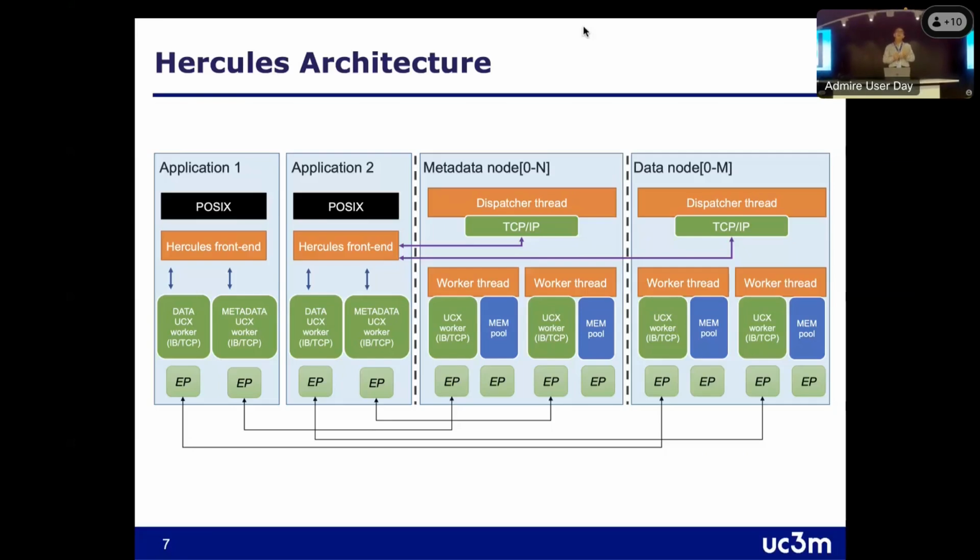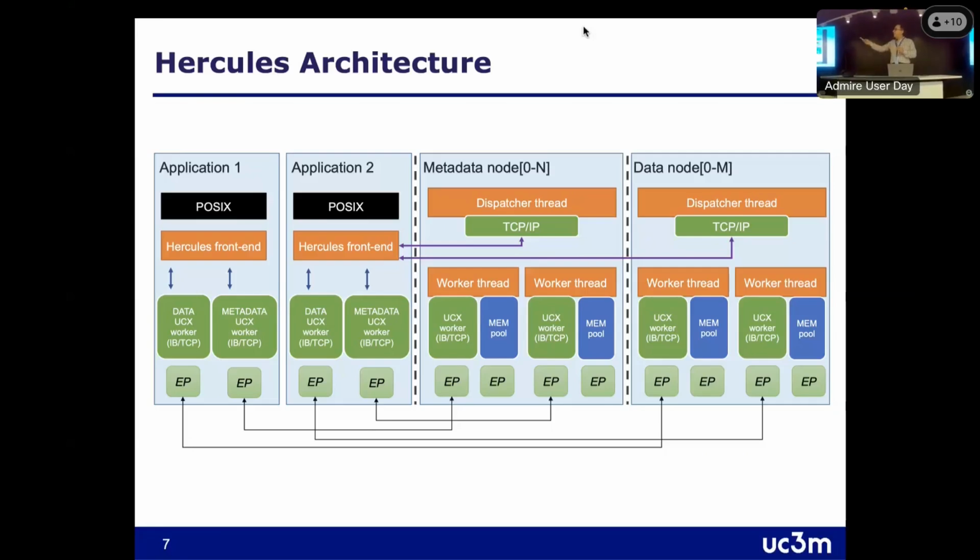As I said, we may have several metadata server nodes and several, of course, depending on the deployment required by the client. If the client doesn't say anything, we try to dimension the number of data nodes to the application requirements if we know them. And we deploy also several data nodes, okay?